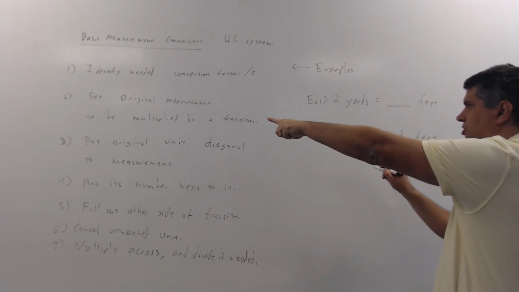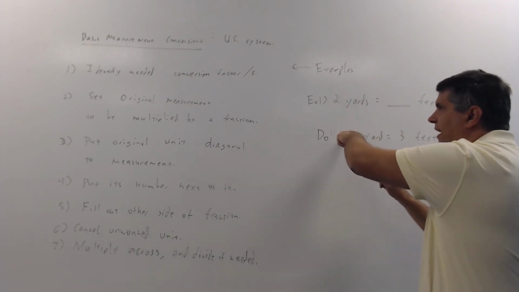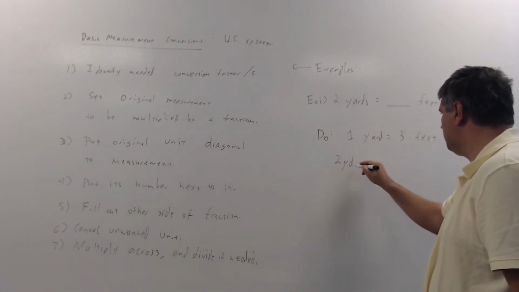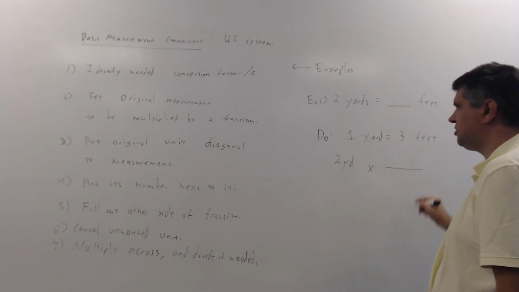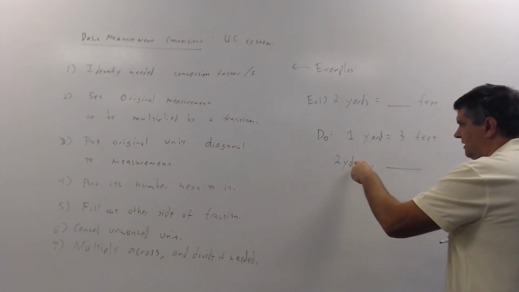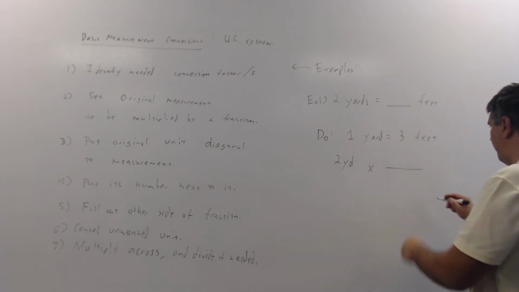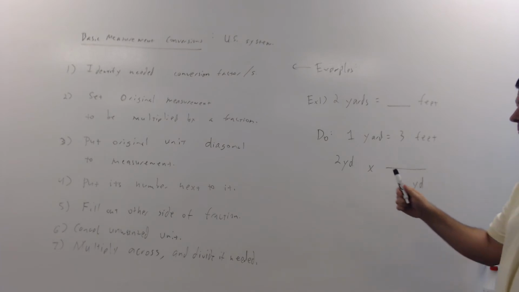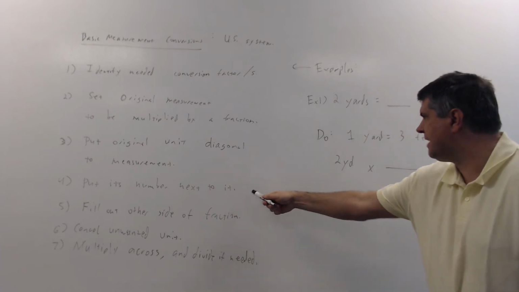2 yards. So identify the unit. Set the original measurement to be multiplied by a fraction. The unwanted unit is the yards, and this is equivalent to a numerator, so I'm going to put yards in the denominator. Put its number next to it.